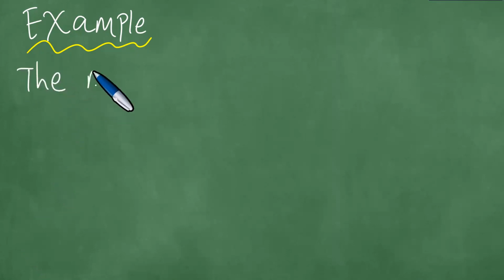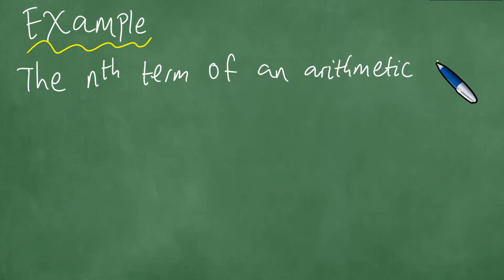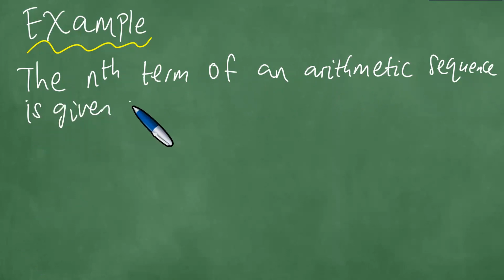The nth term of an arithmetic sequence is given by 4 plus 5n.